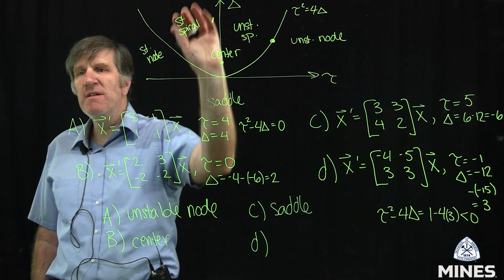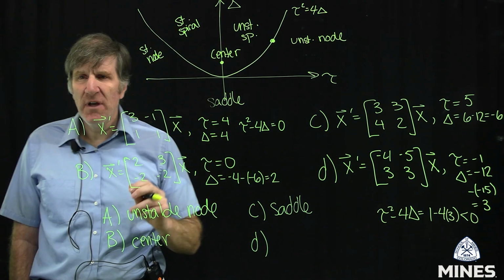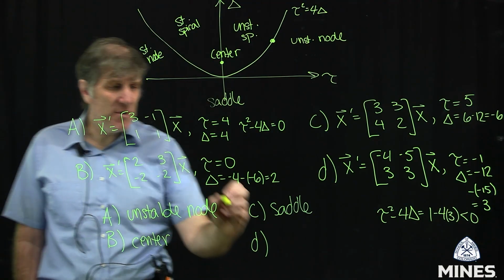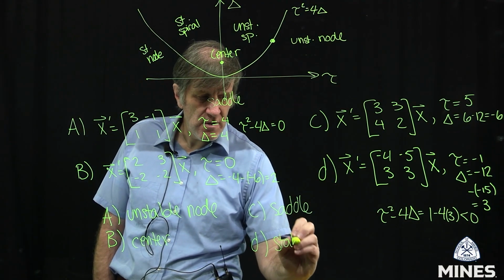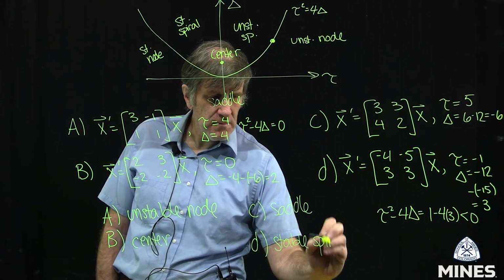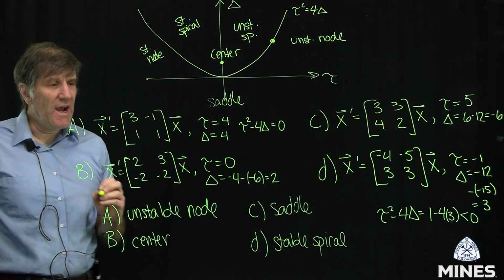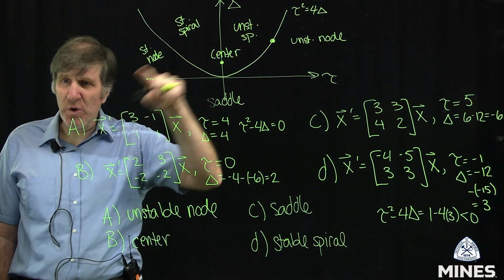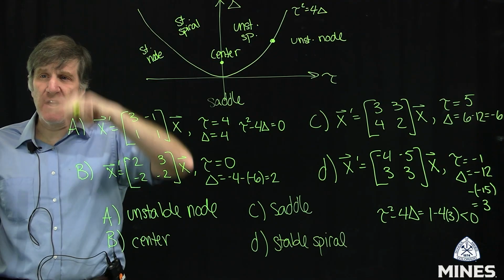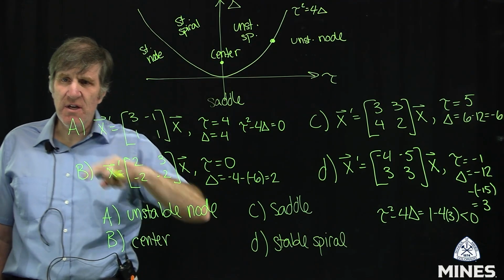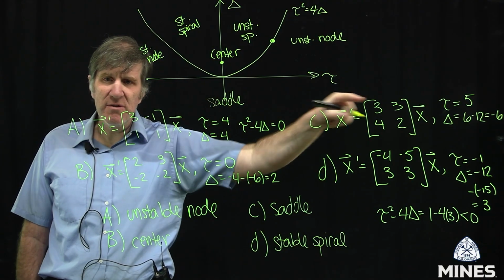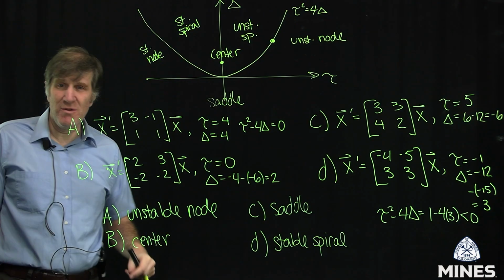That means we're up in delta. We're above the parabola, and that means we have a stable spiral. So the phase portrait looks like this, but the solutions in x and y are decaying oscillations that asymptotically approach 0.